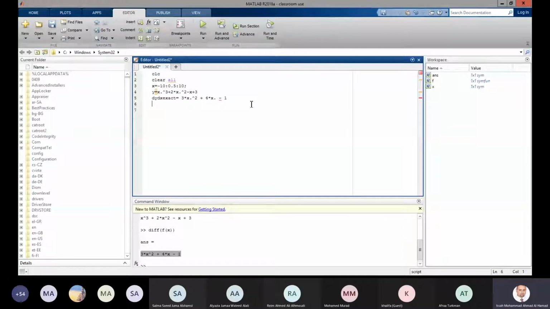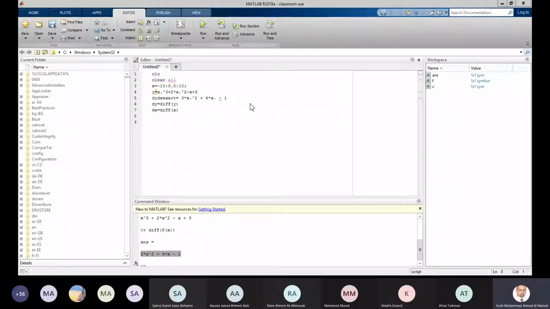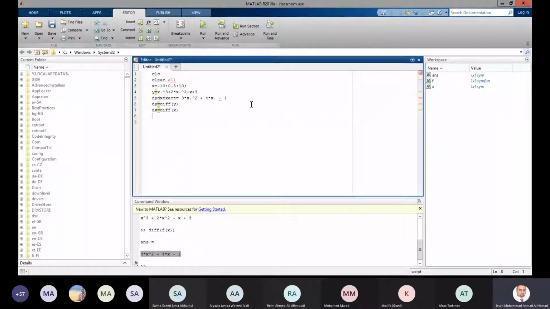Now we need to do the numerical derivative. Simply, the derivative is defined as dy over dx, correct? So we can simply write dy equals diff y and dx equals diff x. And dy/dx numerical, I just added num here, and I added exact here.